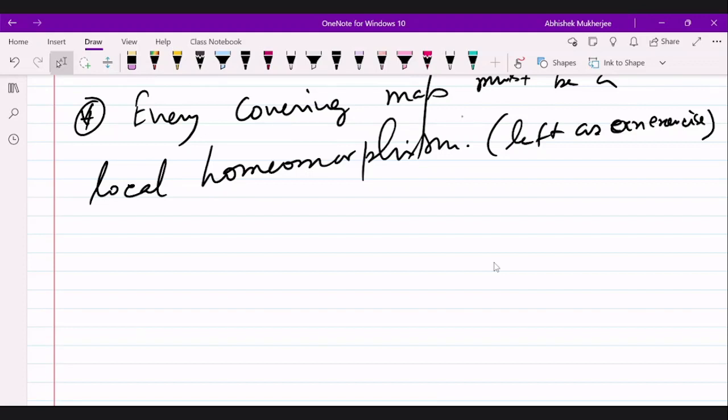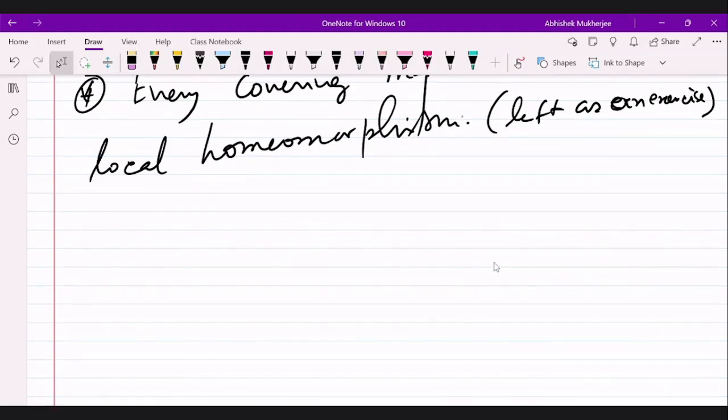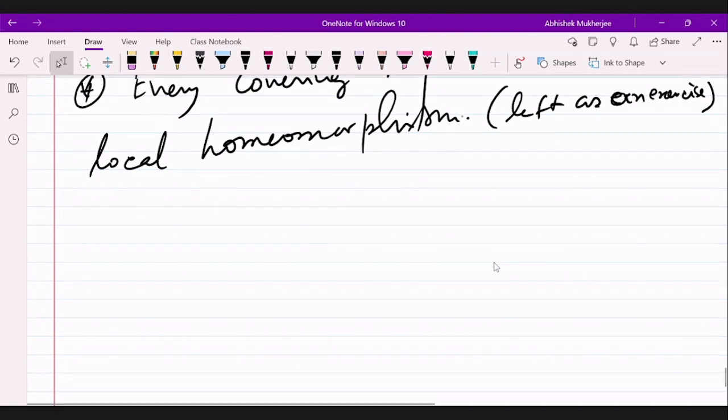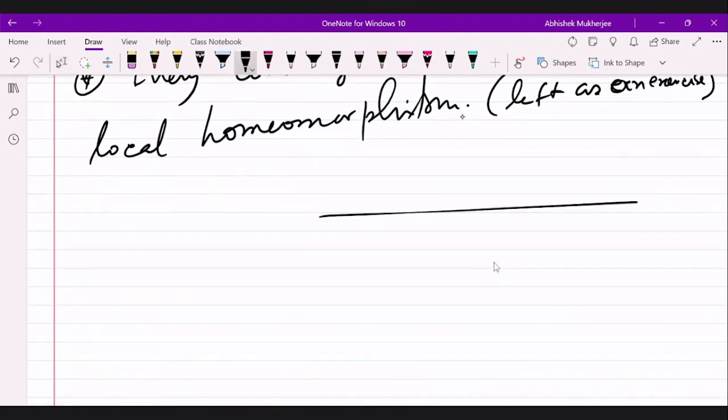Now, if you take a small part of S1, then the inverse image of that small neighborhood will be something like this. But if it is 0, then there is a part here, something like this.